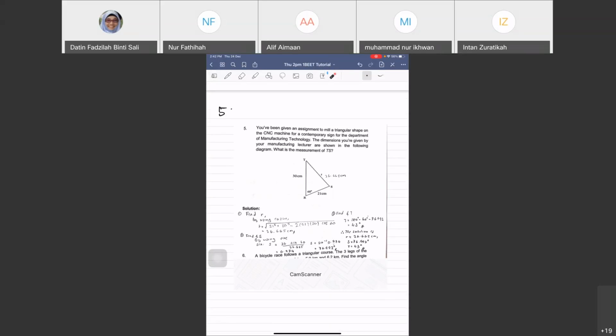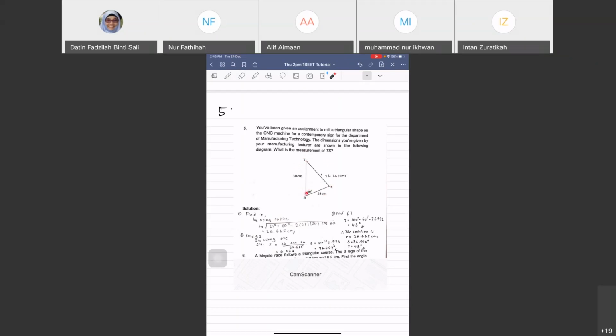You have been given an assignment to mill a triangular shape on the CNC machine for a contemporary sign for the Department of Manufacturing Technology. The dimensions given by your manufacturing lecturer are shown in the following diagram. What is the measurement of TS? You have your T, R, and S, the tips of the triangle.